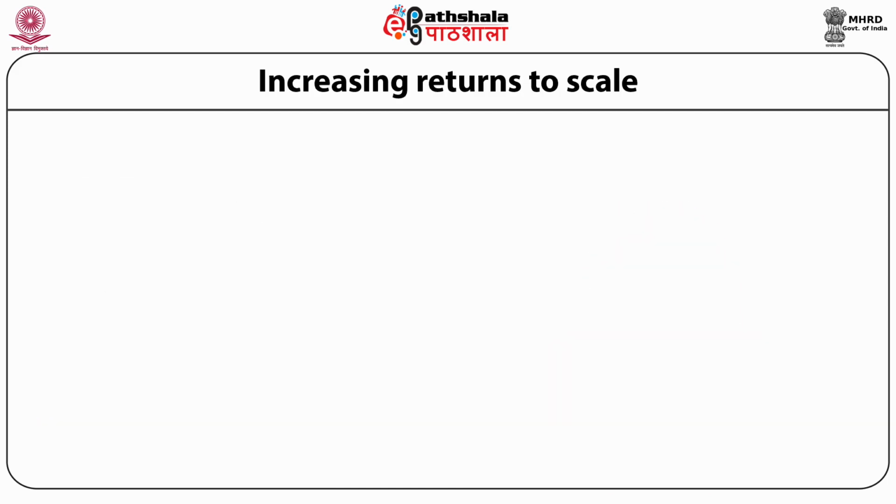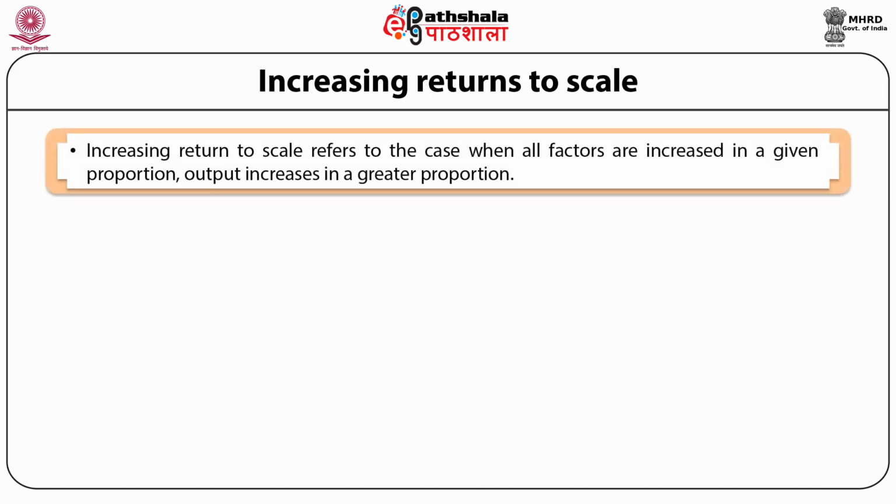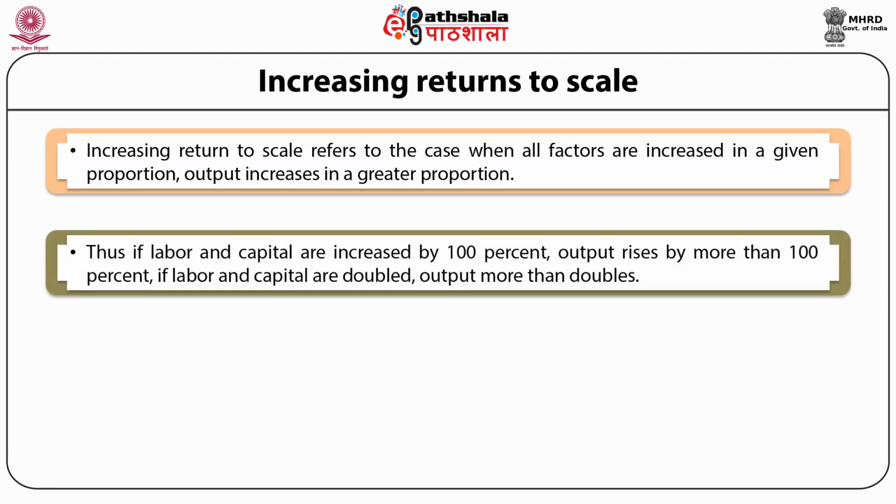Increasing returns to scale. Increasing returns to scale refers to the case when all factors are increased in a given proportion and output increases in a greater proportion. Thus, if labor and capital are increased by 100%, output rises by more than 100%.